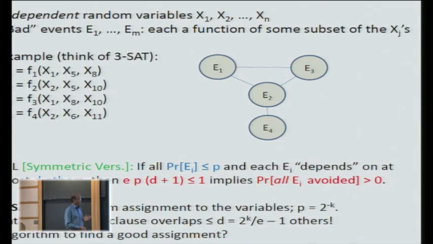If you try a union bound, then if there are m clauses, you'll need m times 2 to the minus k to be smaller than 1, so k has to be at least log m. But here, even if k equals 3, or say 5, you get a non-trivial condition. It's a completely local condition, independent of the size. In particular, please note the distinction between n and m. This will be important.